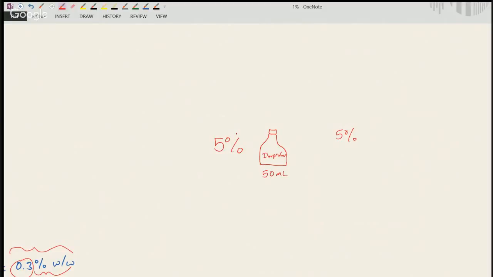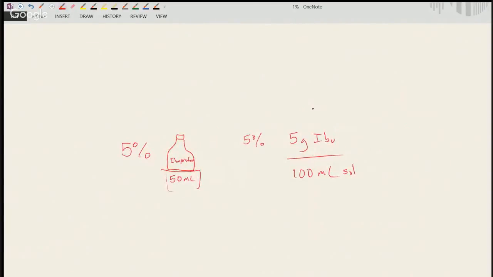How much ibuprofen in grams is in that bottle of 5% ibuprofen? So 5% means 5 grams of ibuprofen in 100 mLs of solution. You can probably already tell that a 50 mL bottle of ibuprofen would have 2.5 grams of ibuprofen in 50 mL solution.